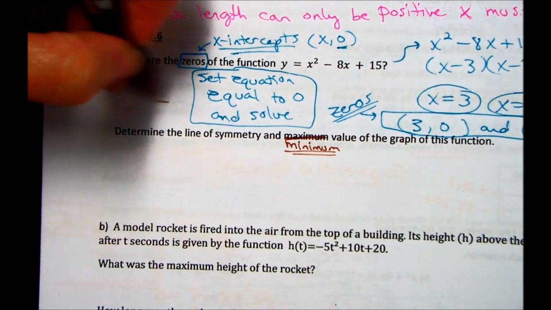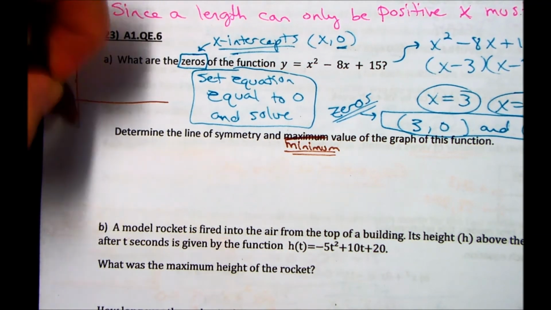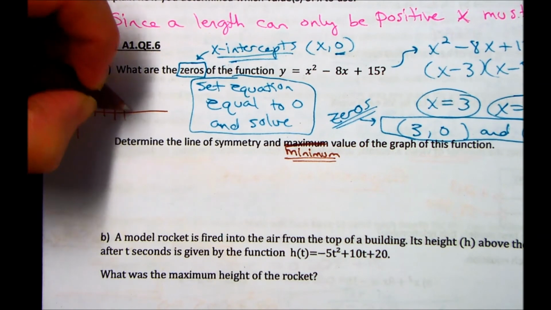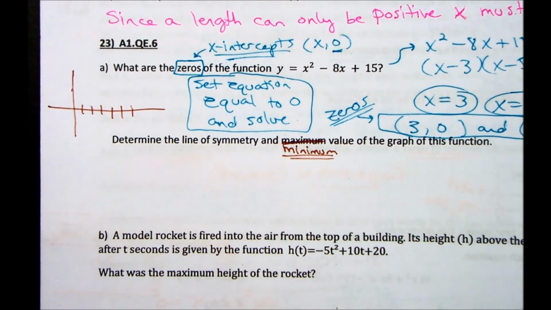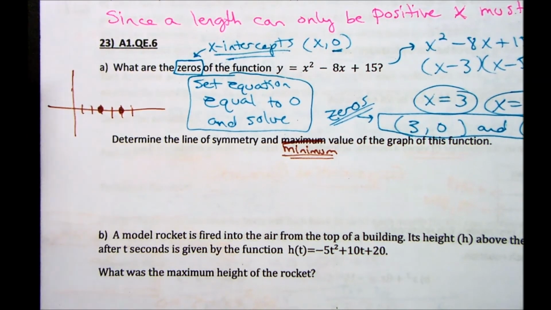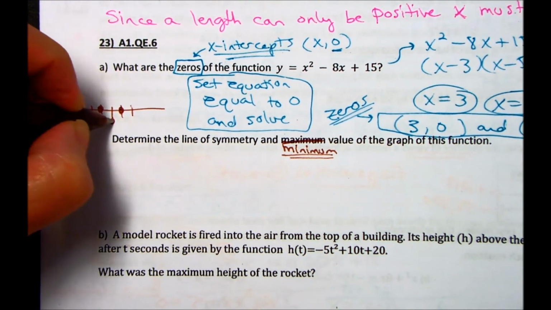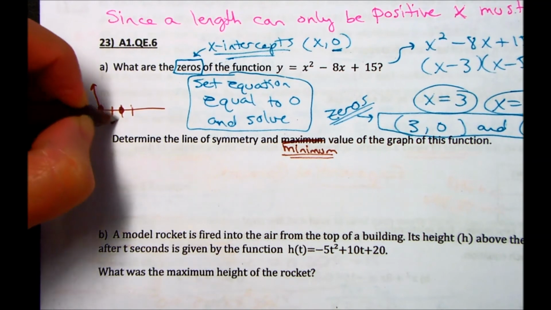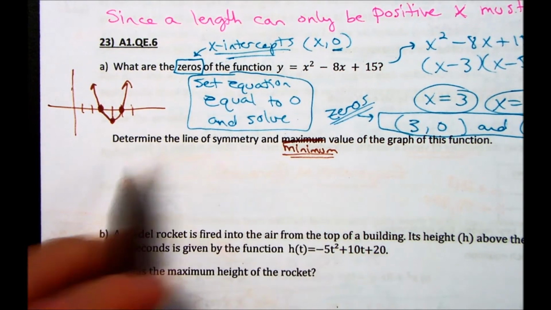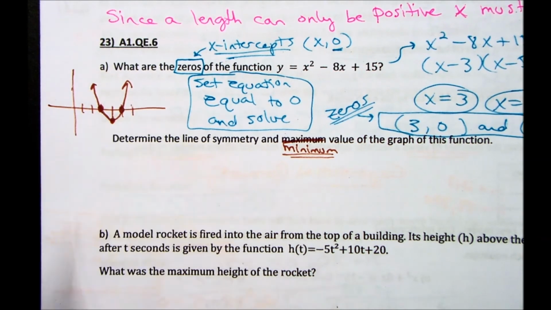So if I were to sketch a little graph of this, our parabola would cross the x-axis at positive 3 and positive 5. Its vertex would be down here, and then it would be going up like that. Because it has a positive a value, it should be opening up.